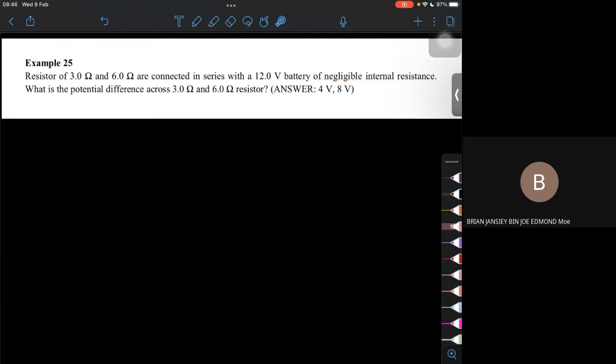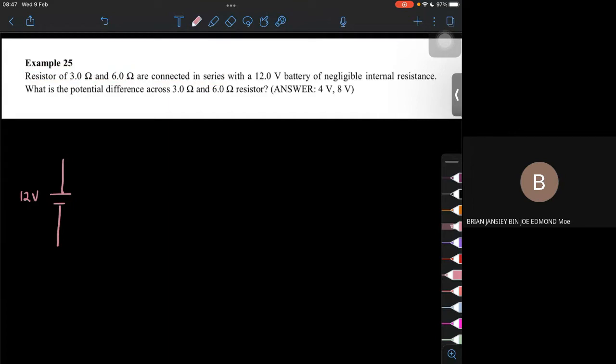What is the potential difference across 3 ohm and 6 ohm resistor? So we are not given the circuit, we can try to draw the circuit. So we have battery 12 volt, and then they are connected to resistor 6 ohm and 3 ohm in series.